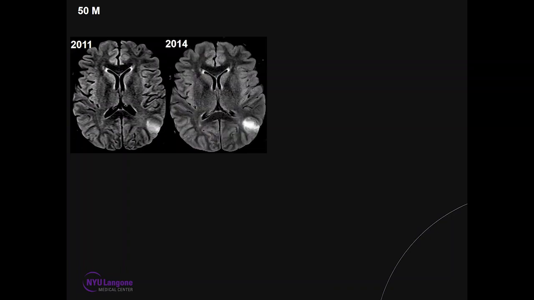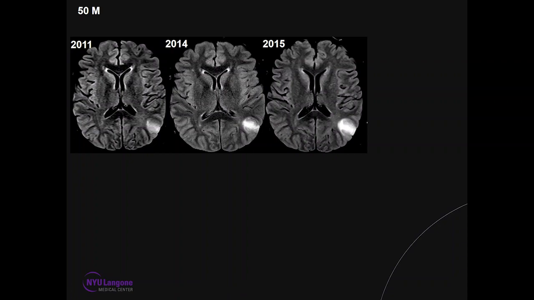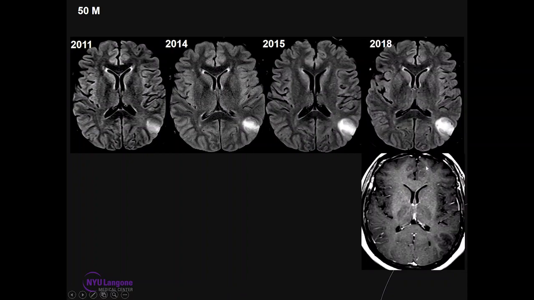This is another patient who was diagnosed with a non-enhancing tumor in the left temporooccipital region in 2011, and did not undergo any therapy. The patient was put just on observation, and you can see that the tumor is very slowly, progressively increasing in size. And even in 2018, even though it has increased in size, there is no contrast enhancement.